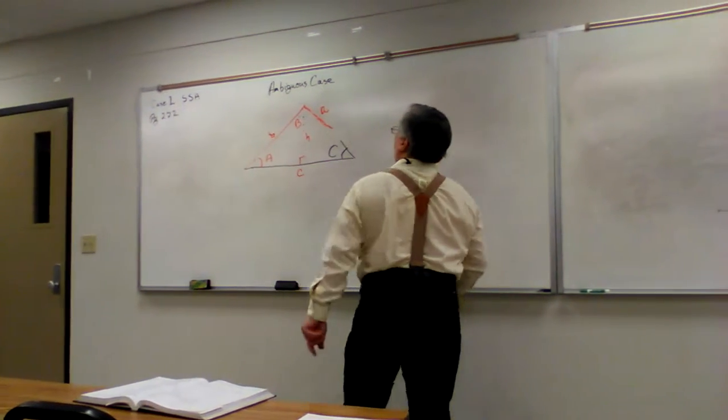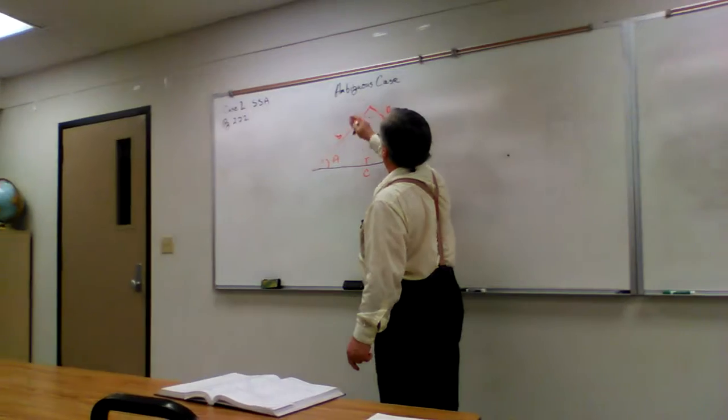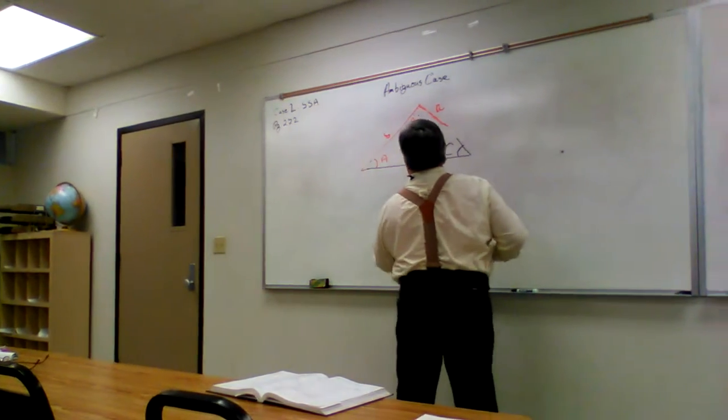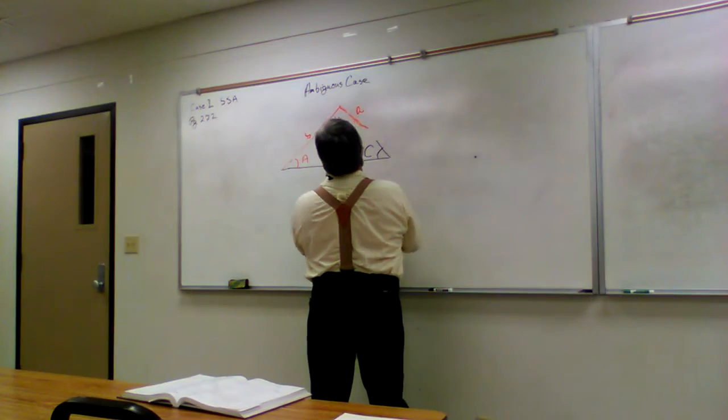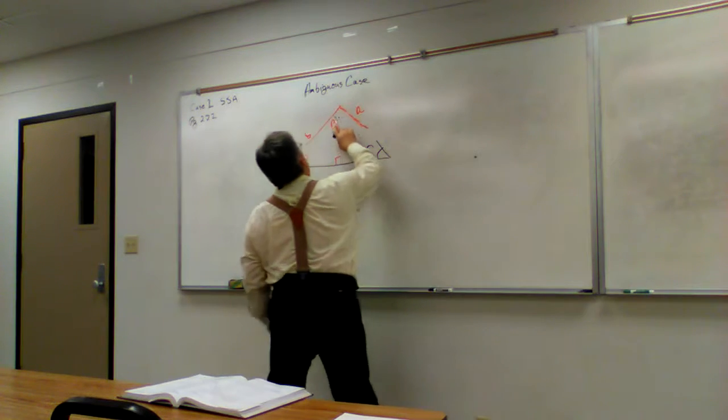Now that's the parts we know. We know A, B, and angle A. We do not know length C. We do not know angle B.